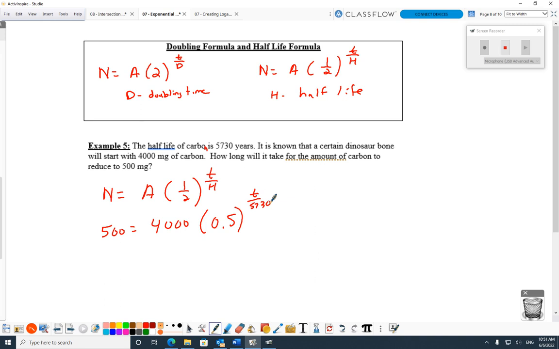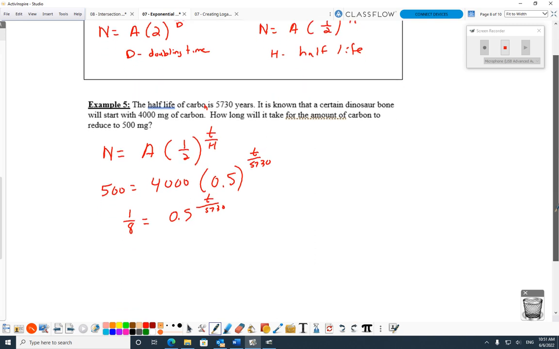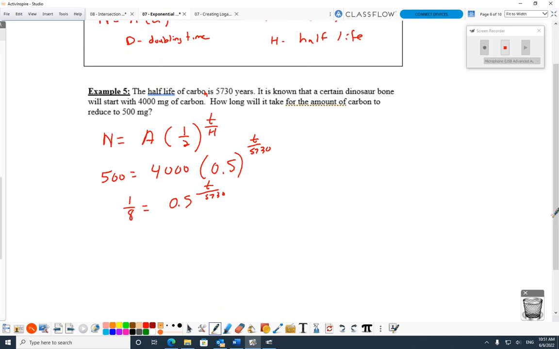Okay, the unknown's up in the exponent, and it looks a little complicated, but it's up in the exponent. So we want to do logs, which means isolate the exponential part. And I'm going to go to all decimals here. In this particular question, you don't have to go to decimals, but this is 0.125 equals 0.5 to the T over 5730.